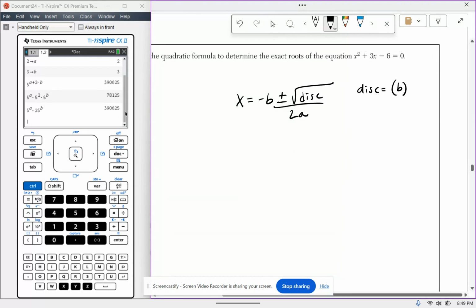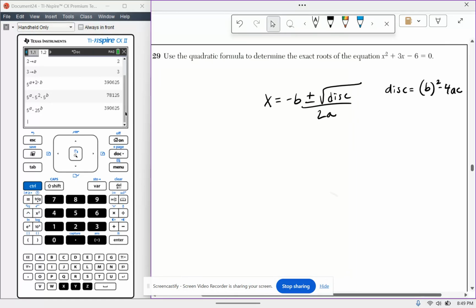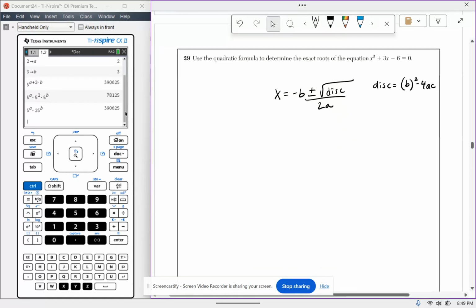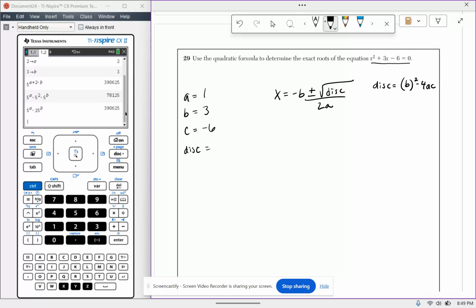Cool. I got all my stuff from the reference sheet, which is always going to be there for you. So let's make sure this is in standard form set equal to 0. It is. Now I can figure out my A, B, and C. A is 1, B is 3, C is -6. Now my discriminant is found by doing B squared minus 4AC.